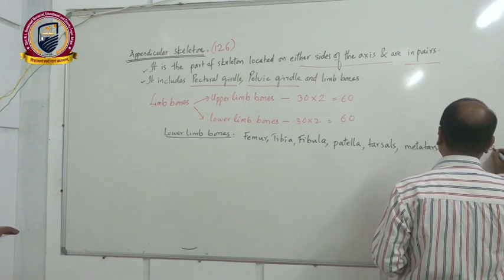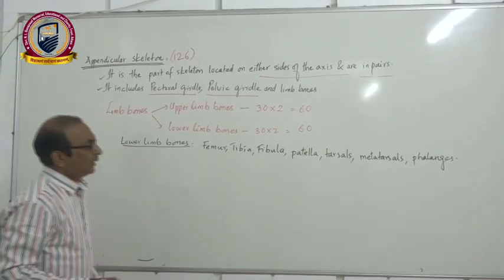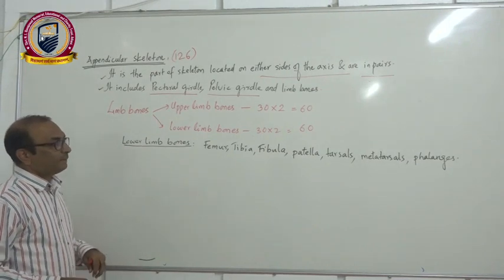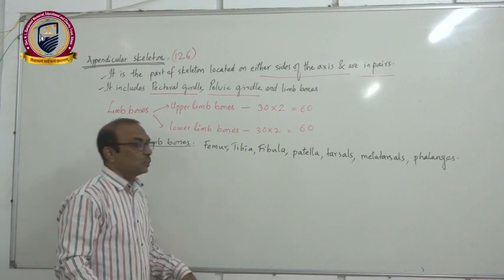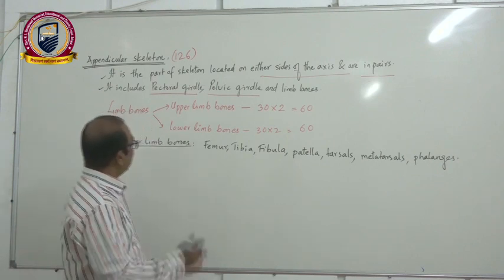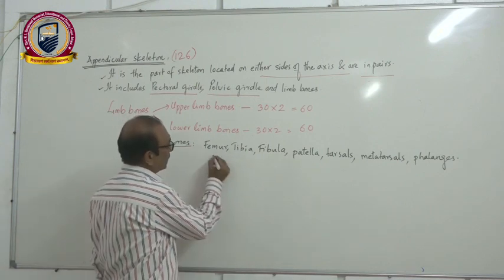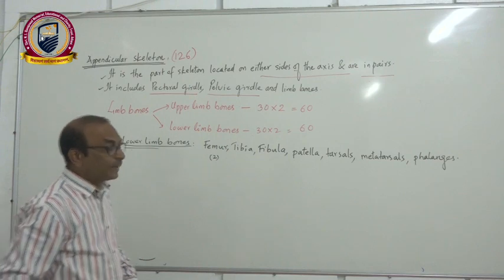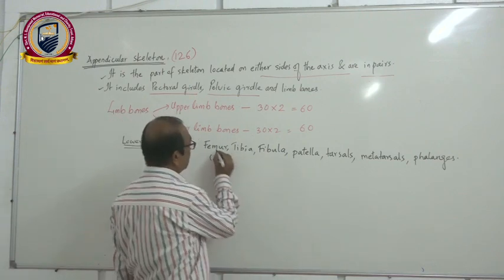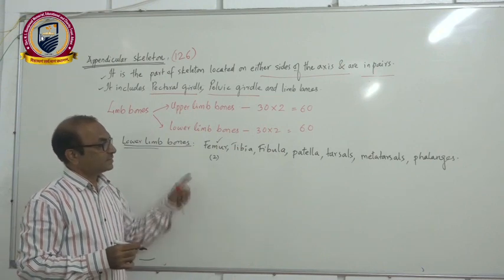Let's take up their number. In each limb, one femur is there, so total two legs or two lower limbs are there. So therefore, two femurs, the thigh bones, which are the longest bone in our body, that is in the limbs.